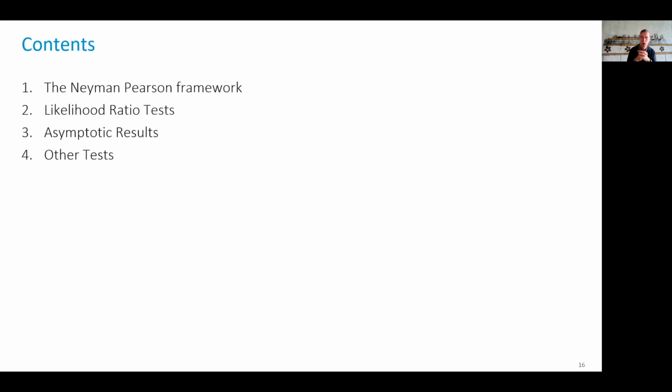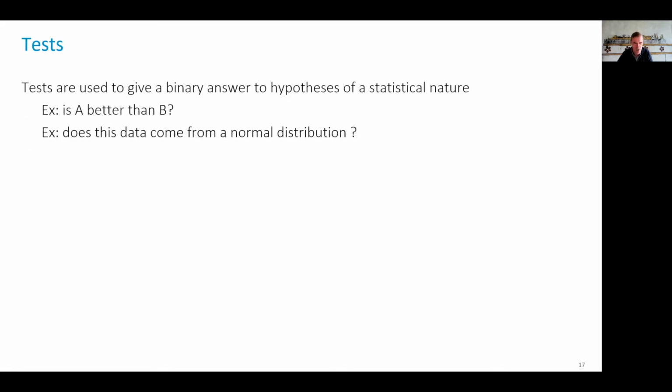So we have to go through it. We must be able to understand what tests are and be able to use them. As I will explain, we should also not be fooled by tests. Tests are just tests, and they help quantify something, but of course they do not say everything about the data.